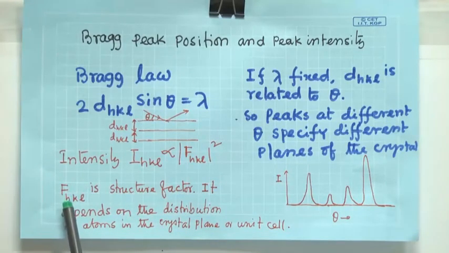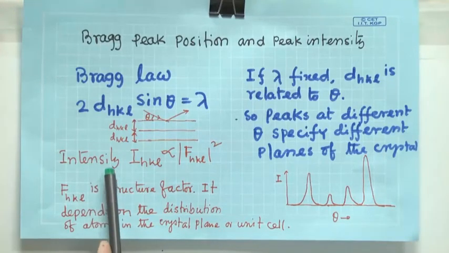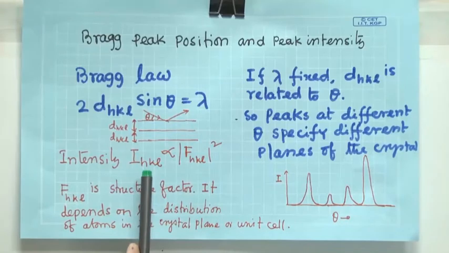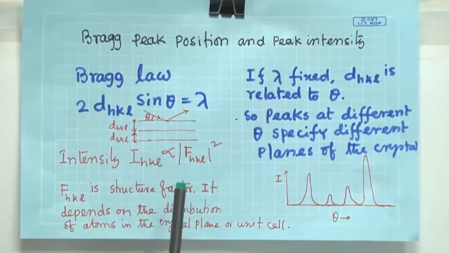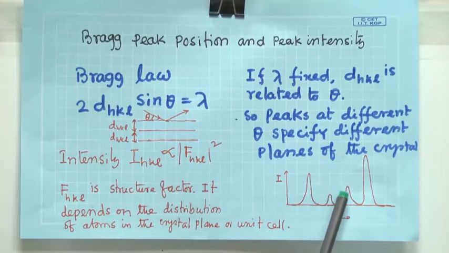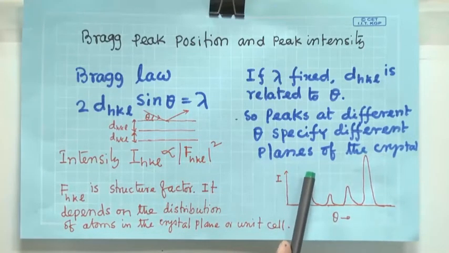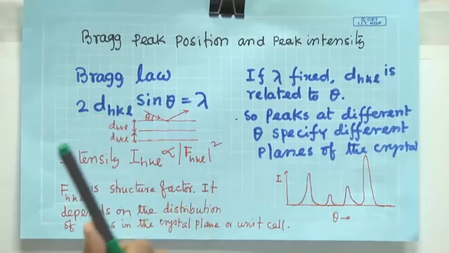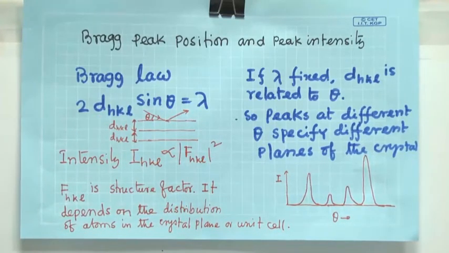It will tell about the structure, or the distribution of the atoms, on a particular set of planes. That is why for different sets of planes the distribution of atoms is different, and so their intensity will be different. From intensity one can find out the distribution of atoms in the plane.